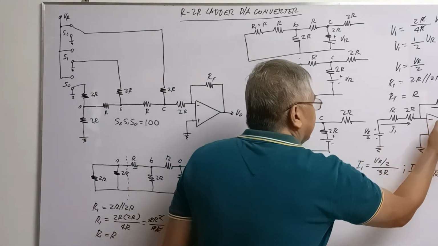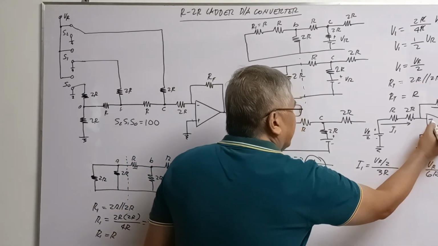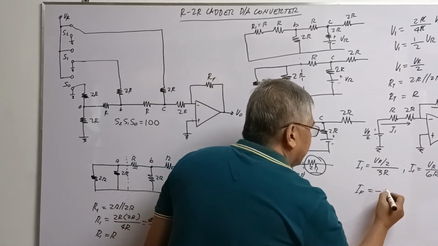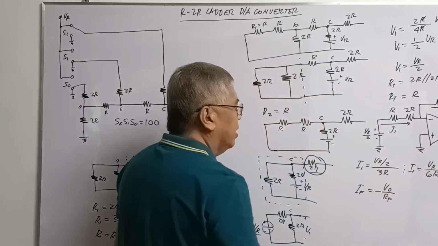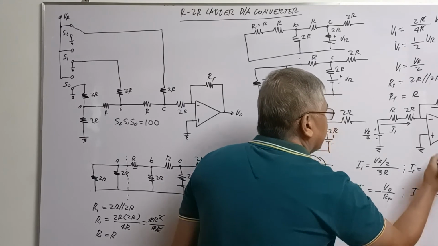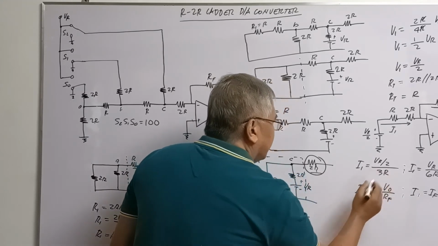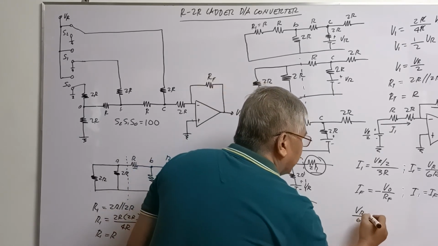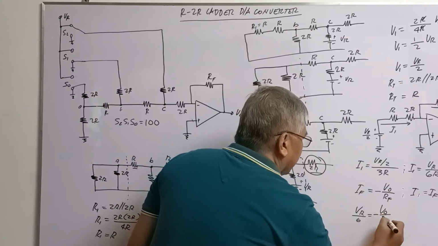And we know that I sub F here is also equal to, since it is connected to the inverting part of your op-amp, minus VO over RF. Okay? And we know that I1 is equal to IF. This one. I1 is equivalent to IF. Right? So, I1, which is equal to VR over 6R, is equal to minus VO over RF.